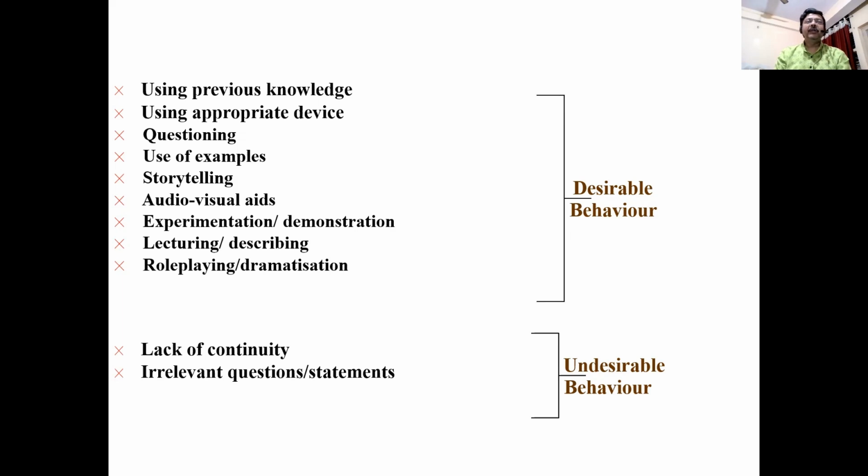Using appropriate device means, as you can see in the list given here: questioning, use of examples, storytelling, audiovisual aids, experimentation or demonstration, lecturing or describing, role playing, dramatizing. These are the devices to be used during the introduction or set induction.